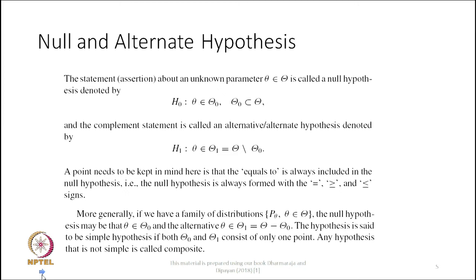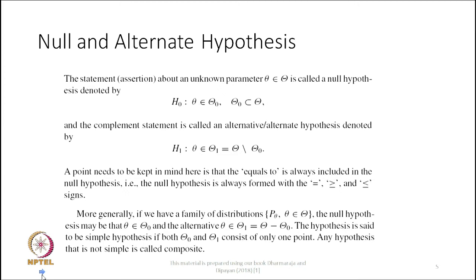You start with that statement as the null hypothesis. And the alternative to the null hypothesis is called the alternate hypothesis. So, this is a very important concept: null and alternate hypothesis.